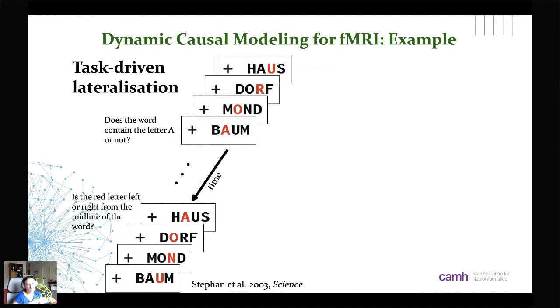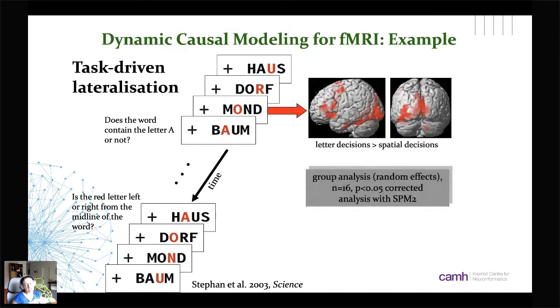So they were shown words from the German language, short words, Haus, Dorf, Mond, Baum, etc. And they had to make different judgments based on the conditions. So in condition A, they had to make a letter judgment. So does the word contain the letter A or not? Whereas in the second condition, they had to make a spatial judgment. Is the red letter to the left or to the right from the midline of the word?